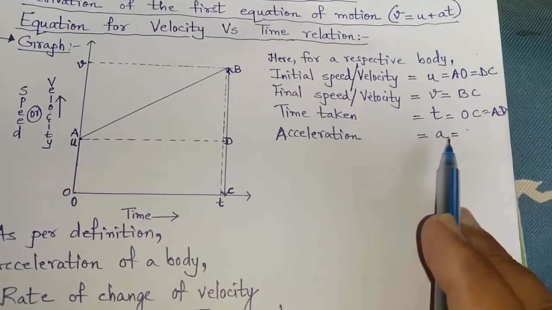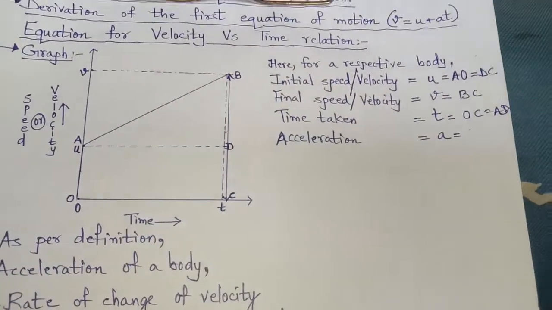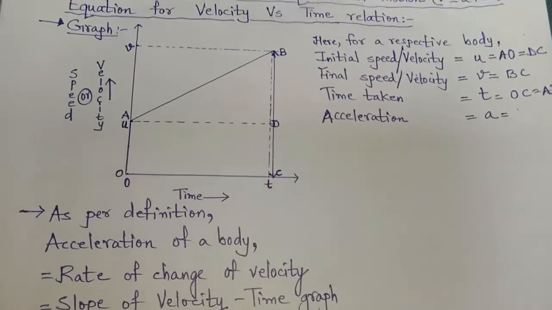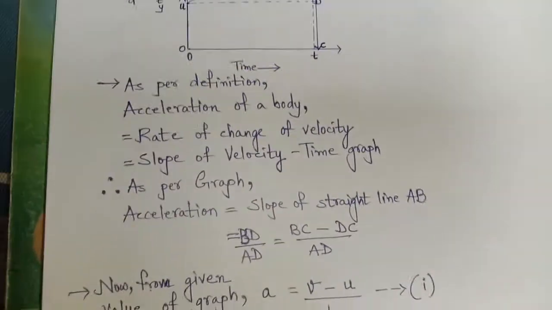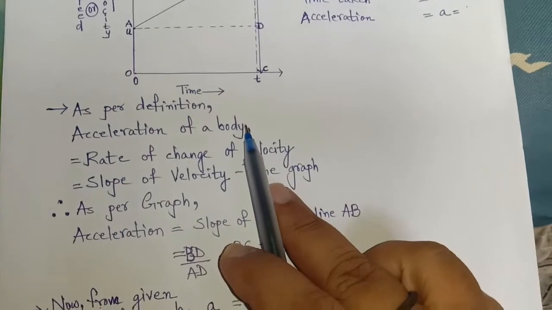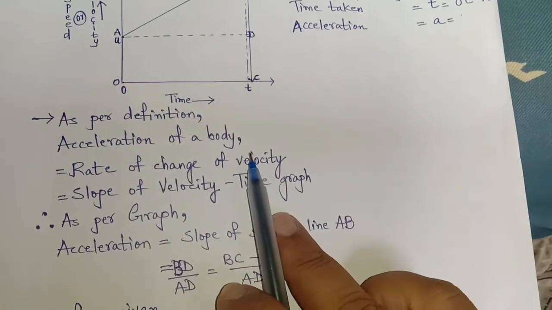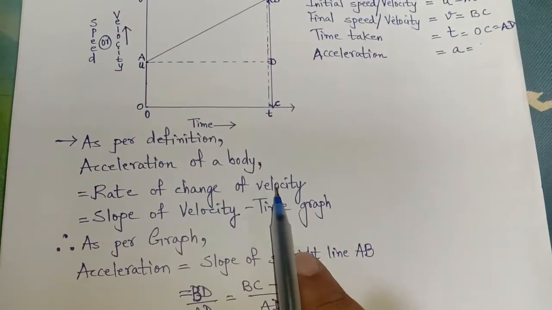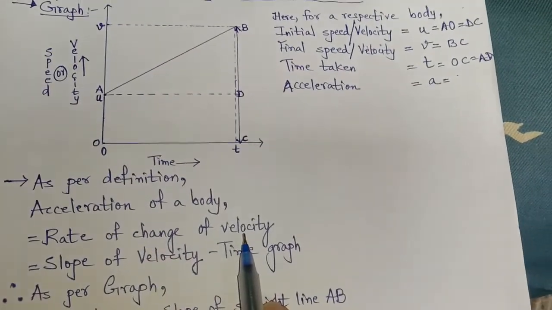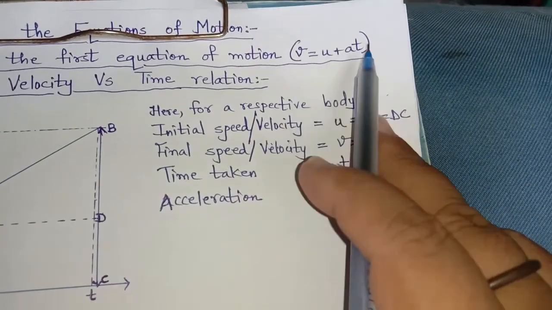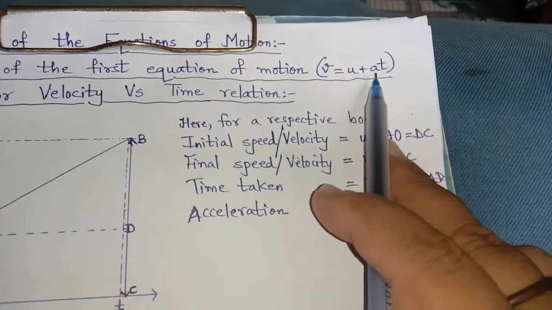Acceleration is small a, which we will get by change in velocity per time taken. Now, as per the definition, we know what acceleration is: acceleration of a body is equal to the rate of change of velocity. Because in the first equation we have final velocity, initial velocity and time t, we need acceleration.